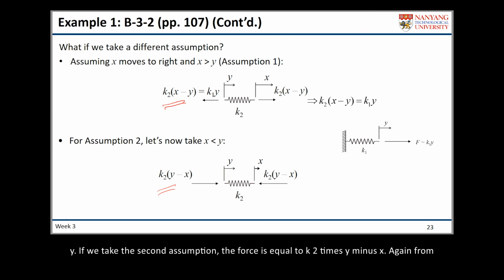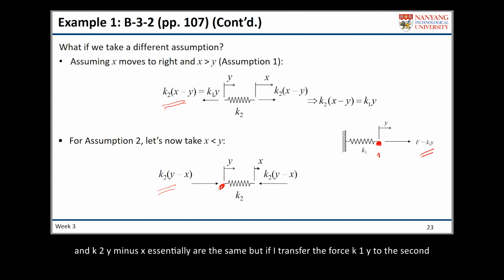Again, the left end of spring K2 is basically the right end of spring K1, right? And since these two points are identical, the same point, I can transfer the force from spring K1 to spring K2, because this force K1 y and K2 times y minus x are essentially the same.